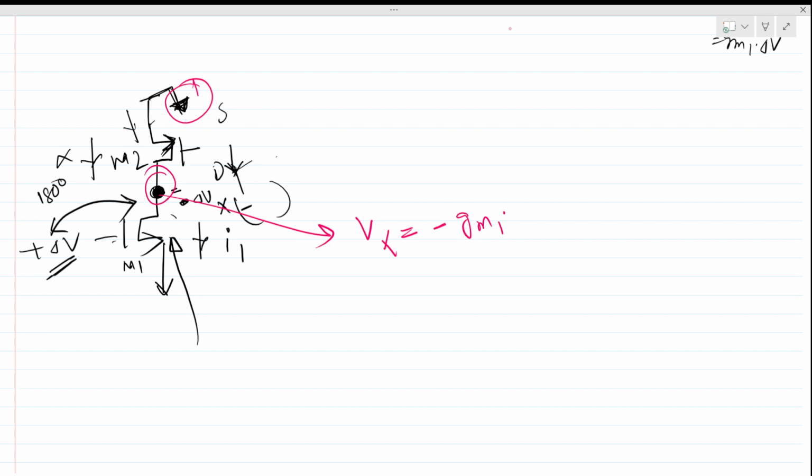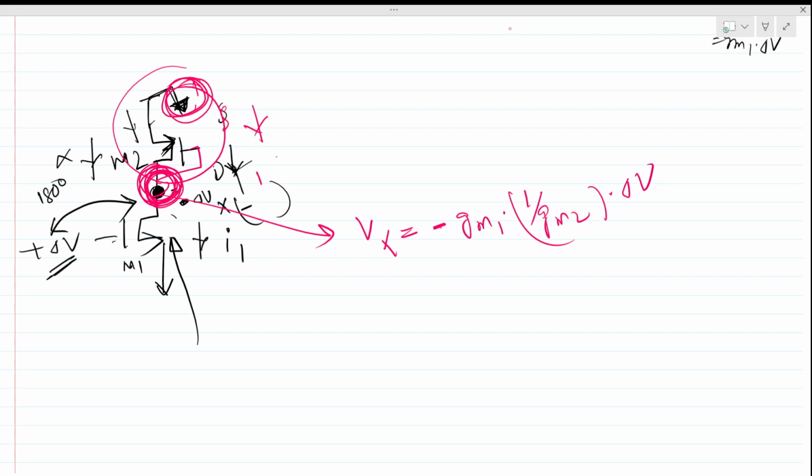The gain will be nothing but the impedance at this node, so this will be 1 over gm2 times del V, right? So in this node there is a negative voltage. This potential is positive and is more positive than that potential, so a small signal current can flow from source to drain. Okay, so this is how we can interpret this small circuit.